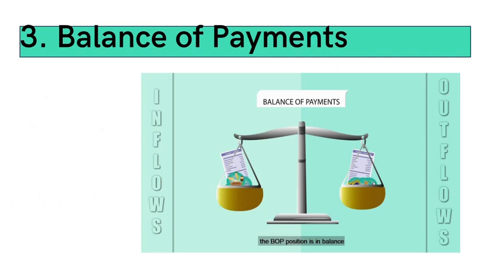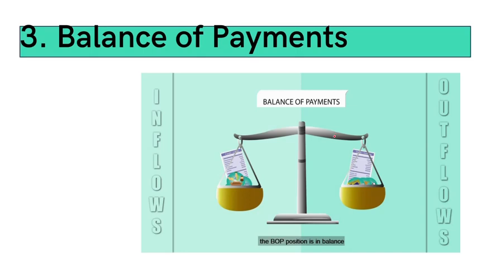Number 3, balance of payments. Tourism and hospitality can help improve a country's balance of payments, as the earnings from international tourists can offset the expenses incurred by domestic tourists traveling abroad. Okay, so there's a balance of payments. There are inflows and outflows. It talks about cash, but in terms of balance of payments, we focus more on, for example, workers who are working abroad and bring money from the Philippines to other nations.